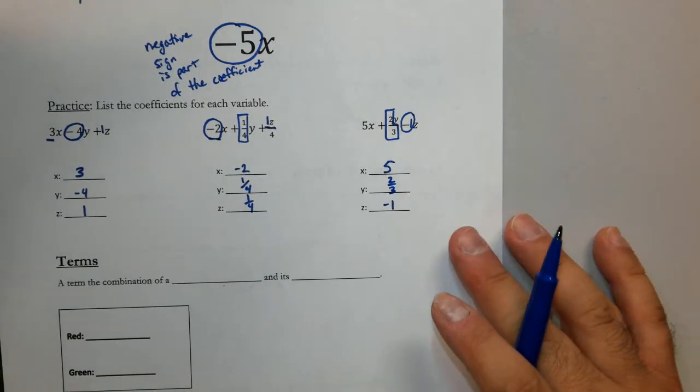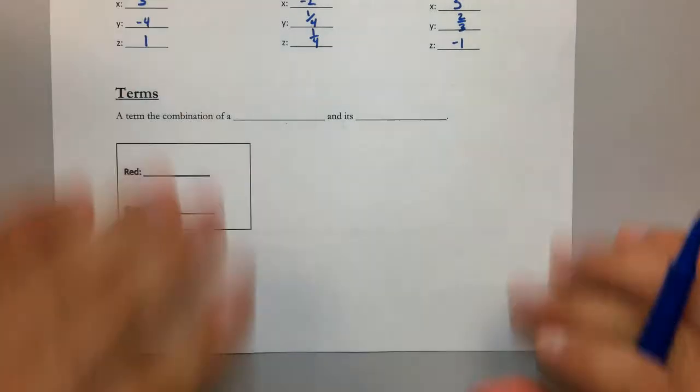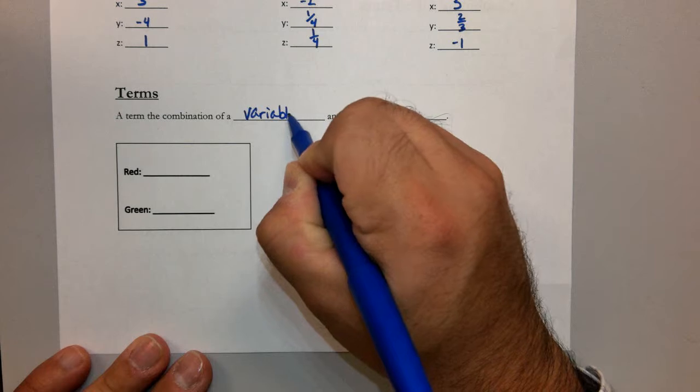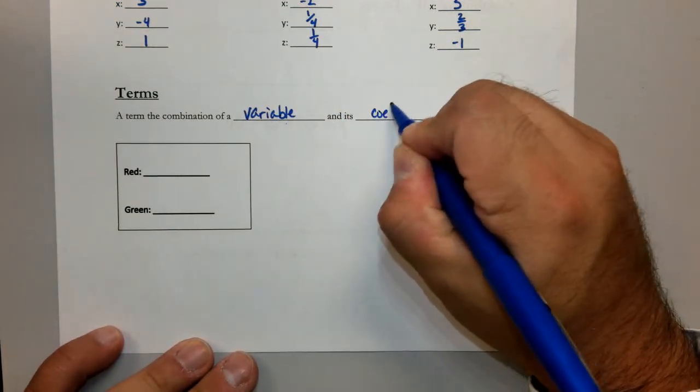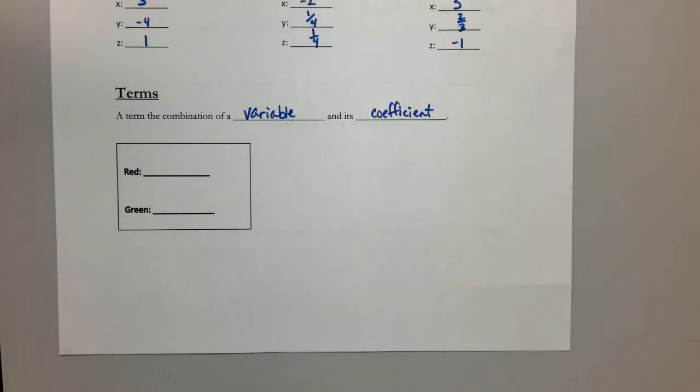Now, when it comes to the word terms, a term is a combination of a variable, no matter what the variable is, right? Typically it's x, but it could be any variable, and its coefficient. So I'm going to use 2 markers to give you an example. I'm actually going to reuse an example that we just used.